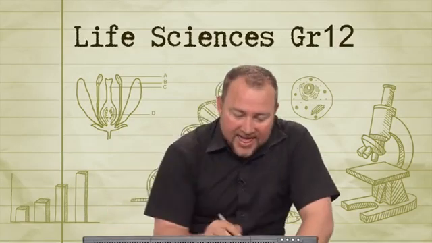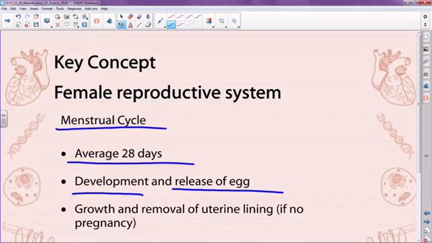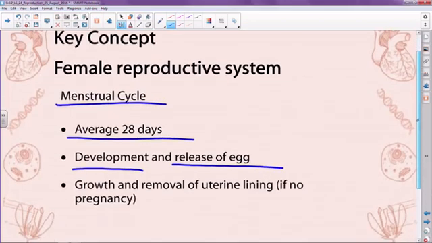So we say the average is a 28-day cycle. It's the development and the releasing of eggs. That's what the menstrual cycle is. It's the producing eggs and the releasing eggs. And then lastly, the growth and the removal of the uterine lining if no pregnancy occurs.